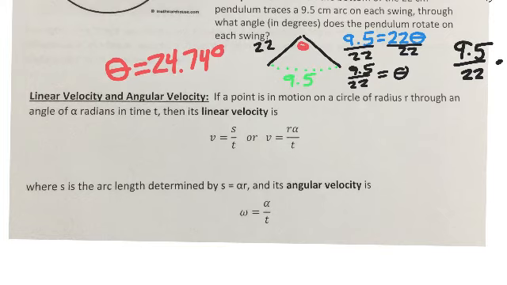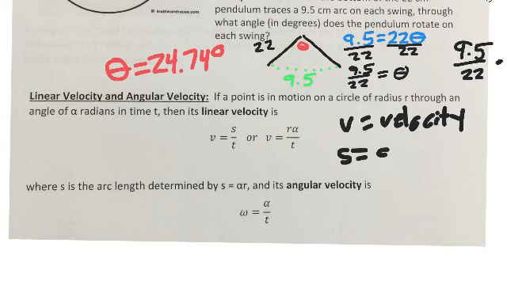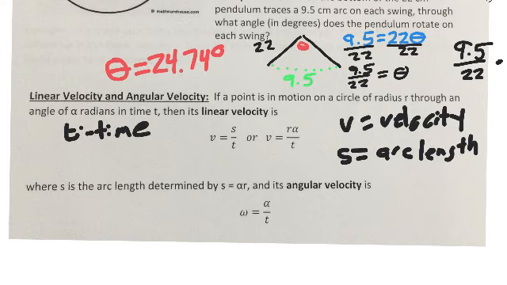Well, v is the velocity. And this is again linear velocity. S equals arc length. T is time. If you use the other formula, r is the radius.